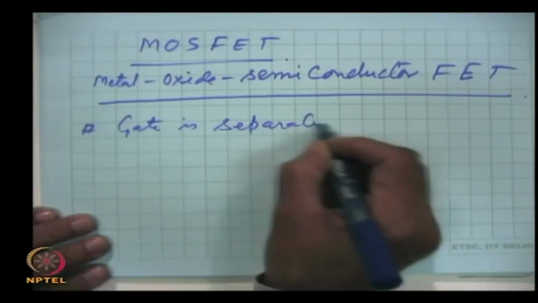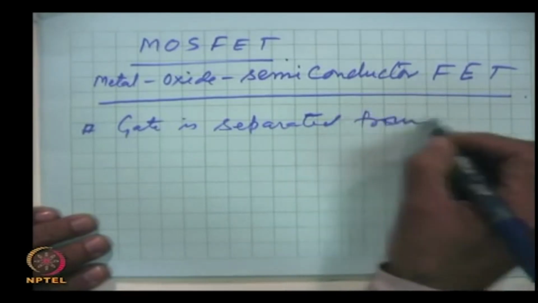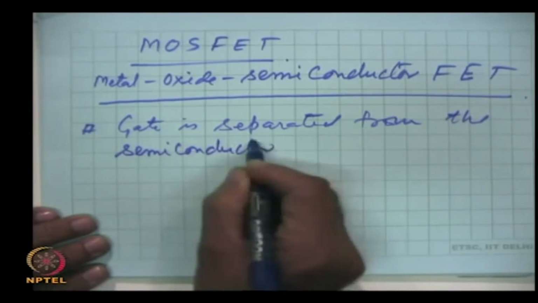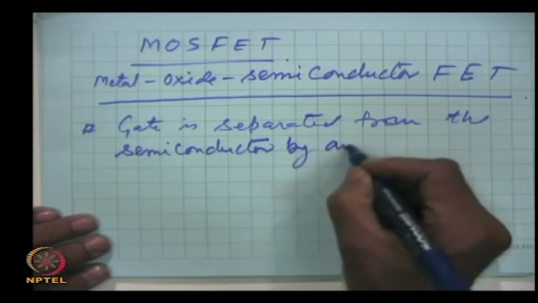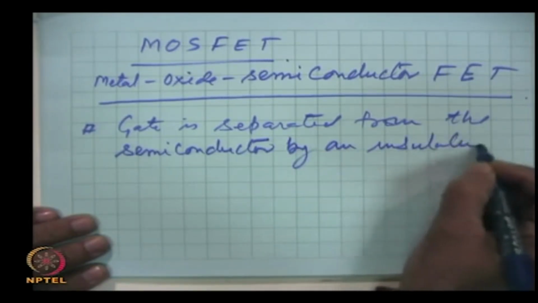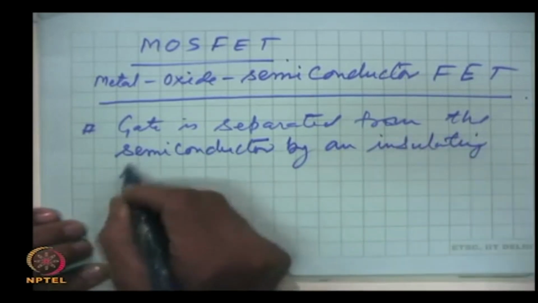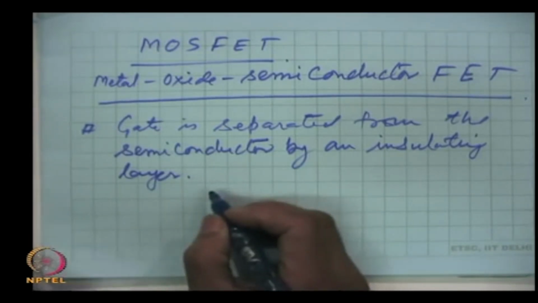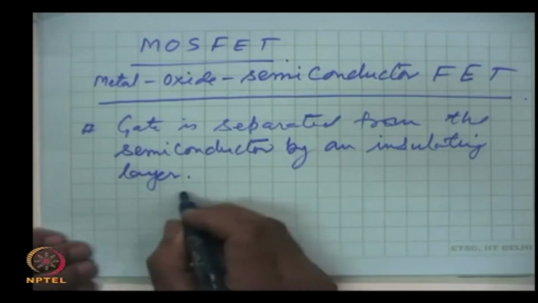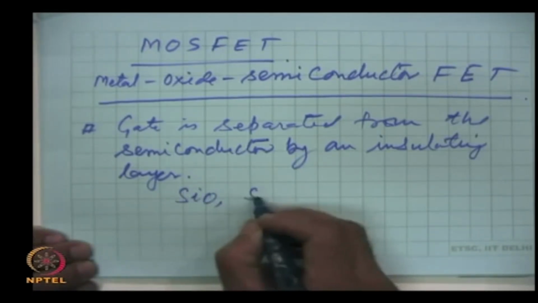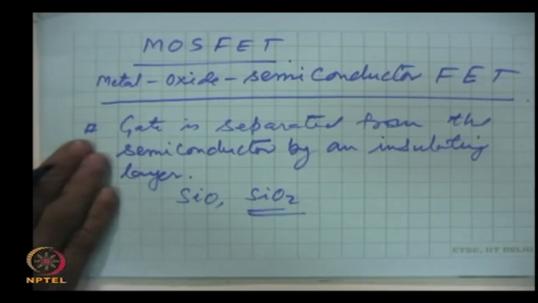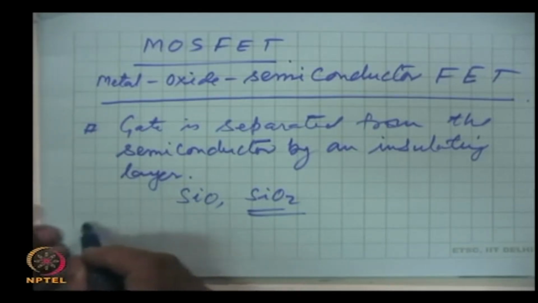So, gate is separated from the semiconductor by an insulating layer, and normally silicon is used.